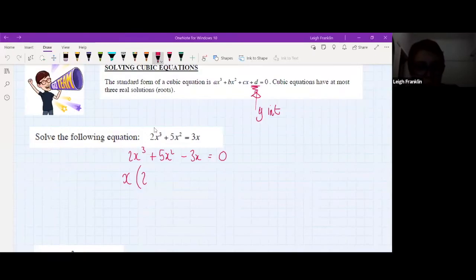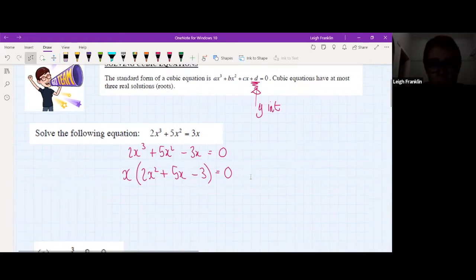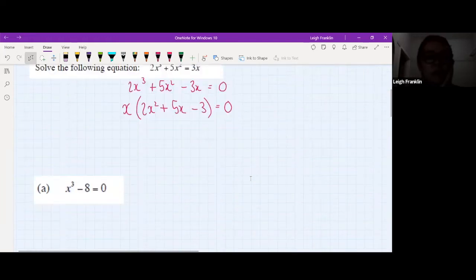So I've got 2x squared plus 5x minus 3 equals 0. All right, so now I need to factorize my trinomial.